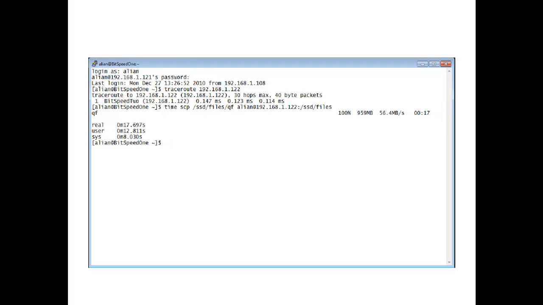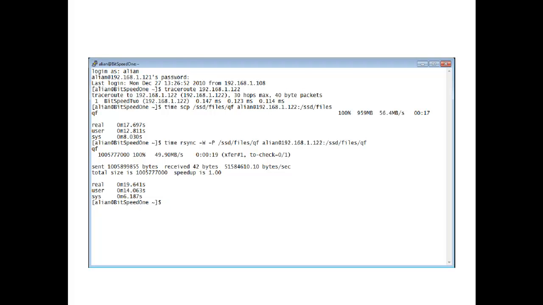SCP reports completing the file transfer in 17 seconds at a transfer rate of 56.4 megabytes per second. Now, let's perform the same file transfer using the popular rsync utility. rsync reports completing the transfer in 19 seconds, running at 49.9 megabytes per second.